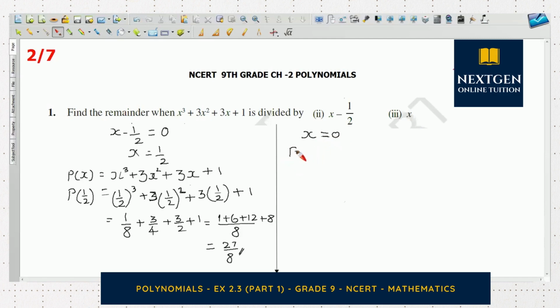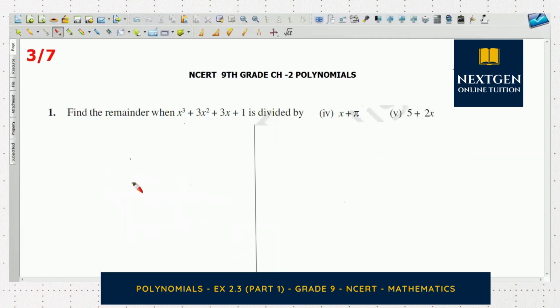We can directly apply 0 in the question. Wherever we have x values, simply substitute the 0 value. So all these terms will become 0 and my final value will be 1. Right?